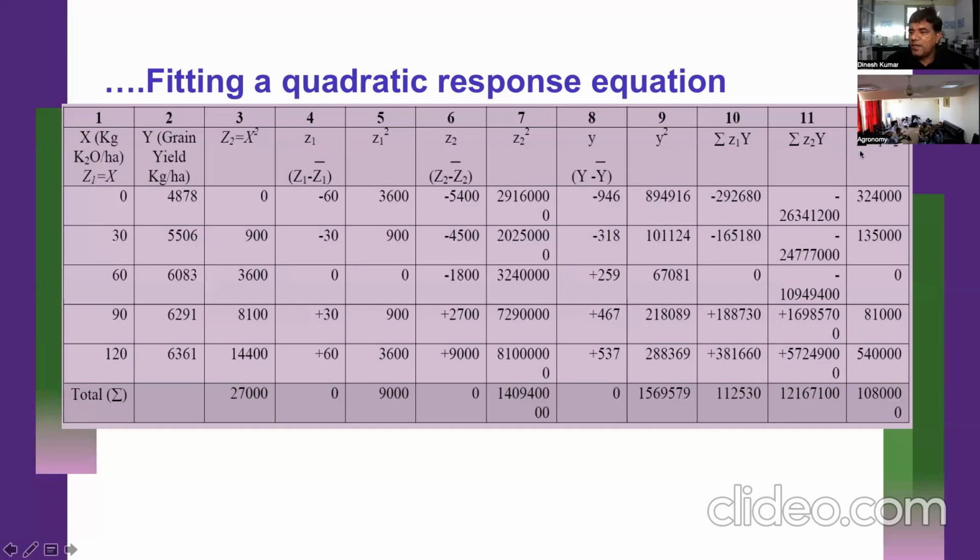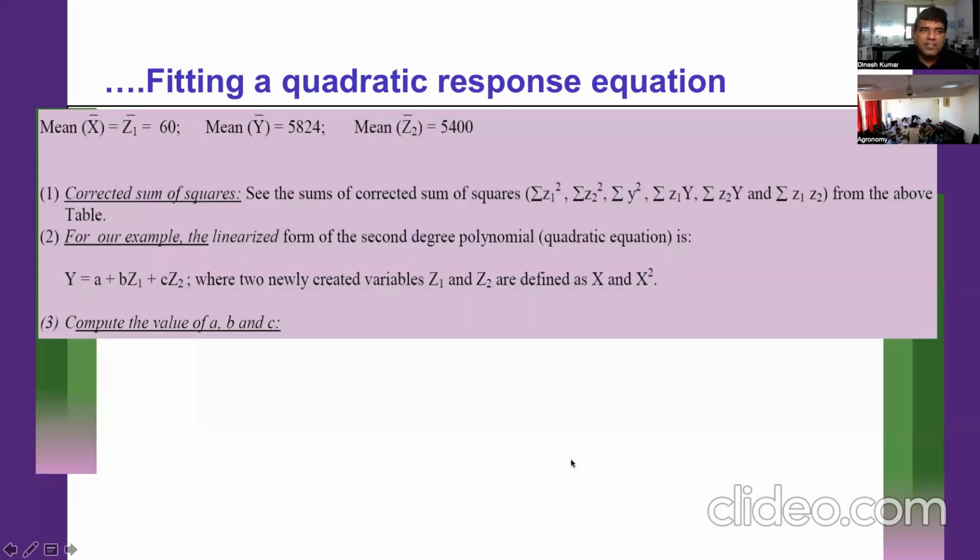So cross products, and you get all these parameters. It is a very simple explanation. You try to understand. If you have any problem, you can talk to me or send me an email, or you can discuss in the next class.